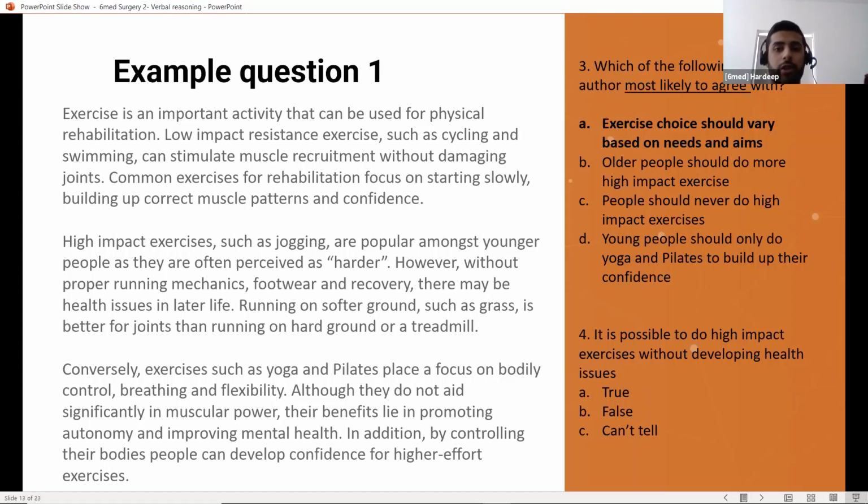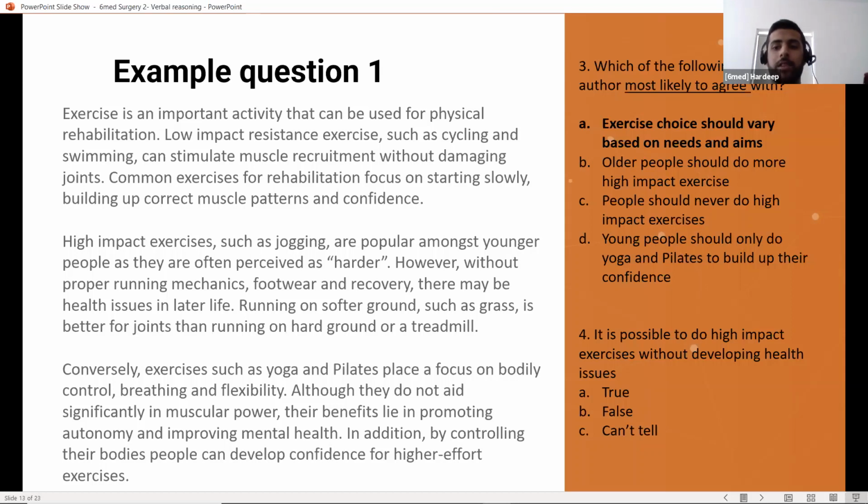And that's another general UCAT tip that I could give. So yeah, you can go through the other statements and see why they're not correct. So B is obviously not correct because it talks about older people and joint health, and high impact exercise is bad for joint health. C, people should never do high impact exercises. Well, it says if you have proper running mechanics, footwear, and recovery, then it should be okay.